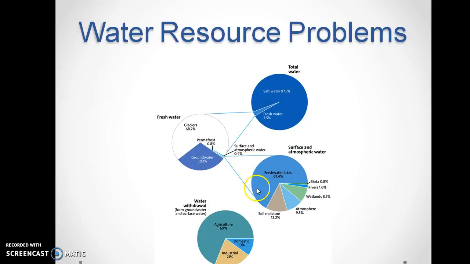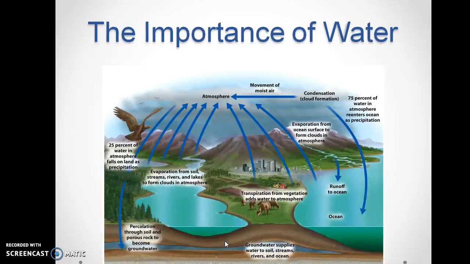This is just surface and atmospheric water. Two-thirds of it is found in lakes, soil, atmosphere, wetlands, rivers, and so on. So when you break it down, there's very little fresh water available, and most of it is for the agricultural industry. Almost 70% of what we're using is just used to grow our food.